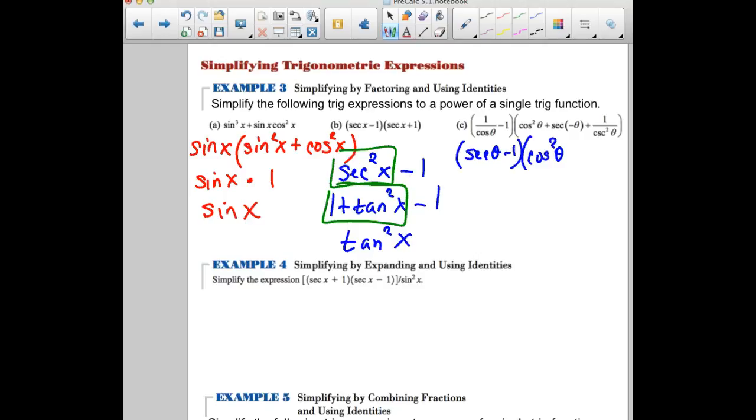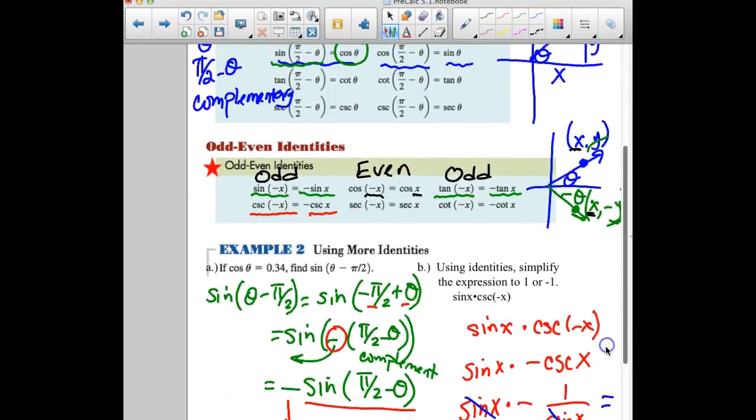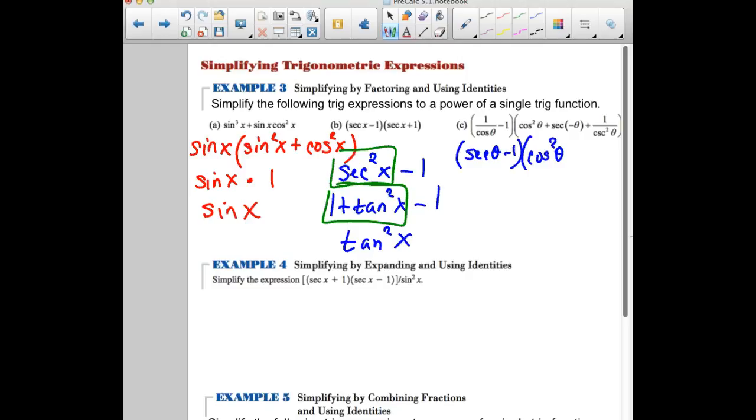So going back to our even-odd identities, we have the secant of negative theta. If you look here, the secant of negative theta is the same as the secant of theta. So we can simplify this piece right here. That's the same as secant theta.